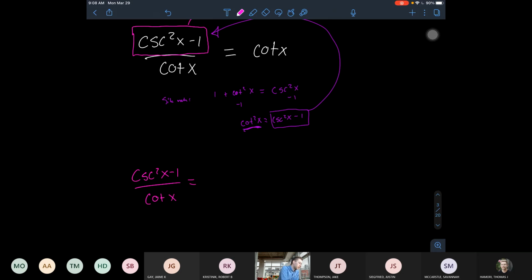Well, I know that this is just equal to cotangent squared x divided by cotangent x. And if I have x squared divided by x, I get just x, right? So if I have cotangent squared and I divide by cotangent, I just get cotangent x.